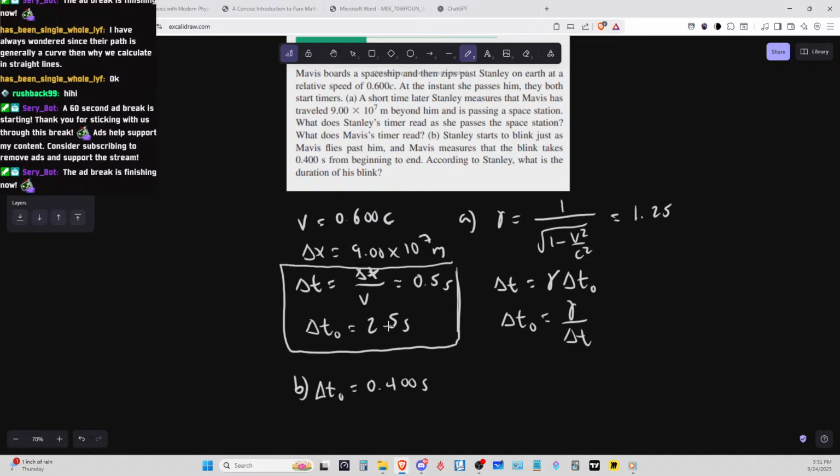So if gamma is 25, then we multiply that with... so practically he just blinked in that half second. It's just like a half a second for him.